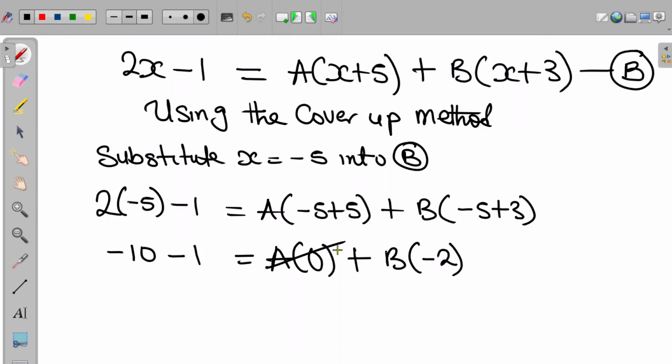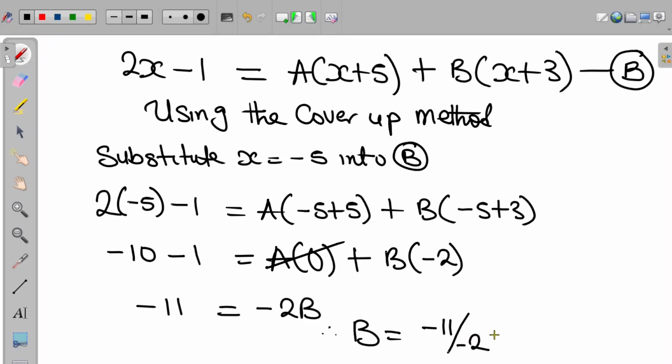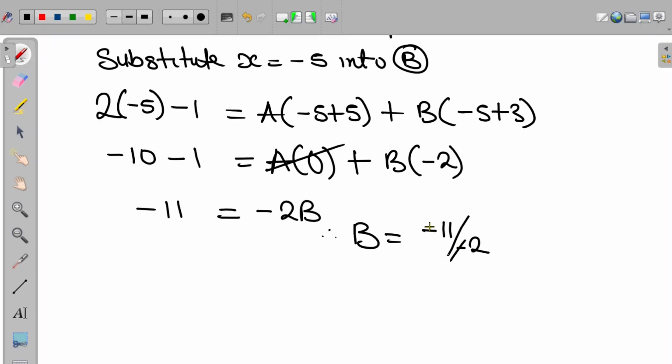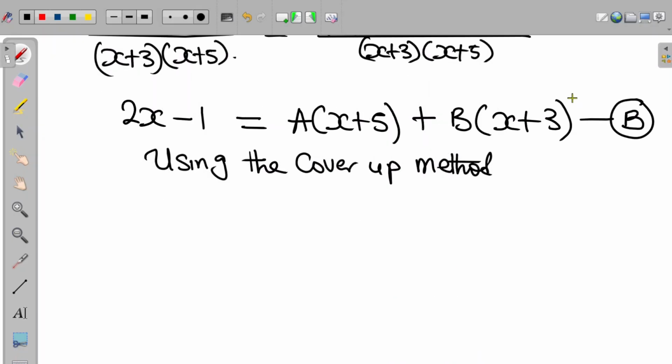So 0 times A is 0, so it goes away. Minus 10 minus 1 is minus 11 equal to B times negative 2, which is negative 2B. Thus, B is equal to minus 11 divided by minus 2. Minus cancels minus, so B is equal to 11 divided by 2. So we have obtained the value of B.